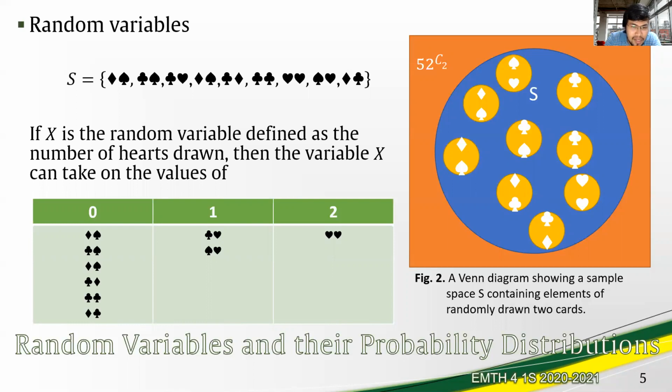So in the exact random experiment, we have a card that turned up with 2 hearts. We have 2 cards with a heart each, and then 6 turned up without hearts. Again, X is taking on values of 0, 1, and 2.